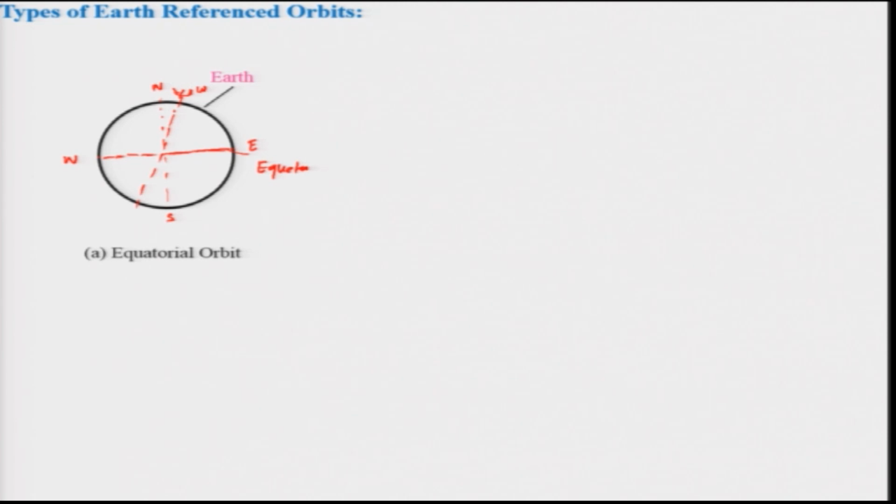If an orbit moves around this equator, we call it an equatorial orbit. Keep in mind that the Earth always moves from west to east. So, if an orbit is around the equator and the satellite is moving along the direction of the Earth, from west to east, then we call it an equatorial orbit.